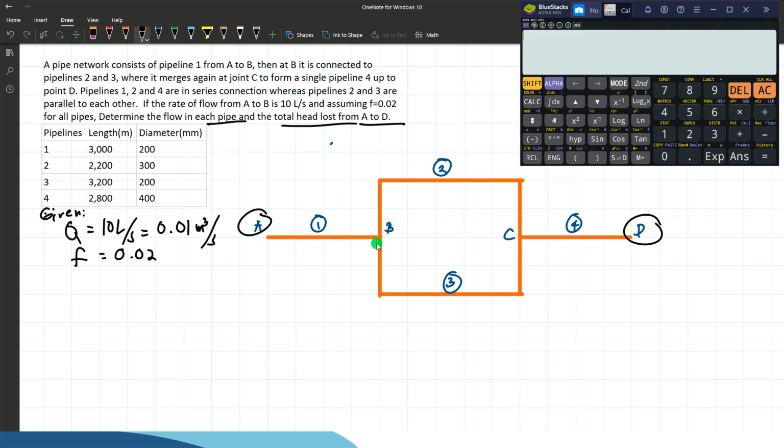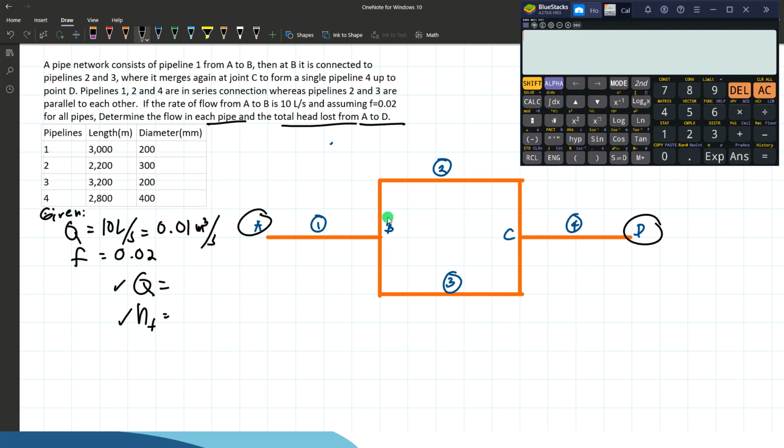As I recall, we use Kirchhoff's law, and here we just consider the discharge and the head loss. These two parameters only, like in physics we have the voltage, current, and resistance.